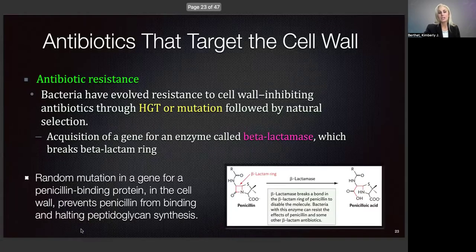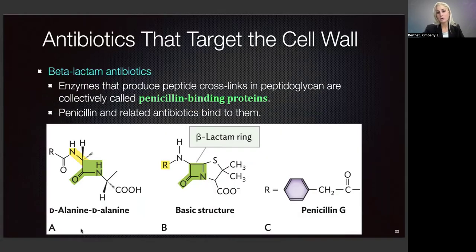Okay. So when microorganisms become resistant to antibiotics, we alter antibiotics. And this is where we start modifying and synthesizing new antibiotics where this beta-lactam ring can't be modified. And then, of course, bacteria adapt and evolve to be able to fight off even the newest changes. So we're constantly at war with bacteria.